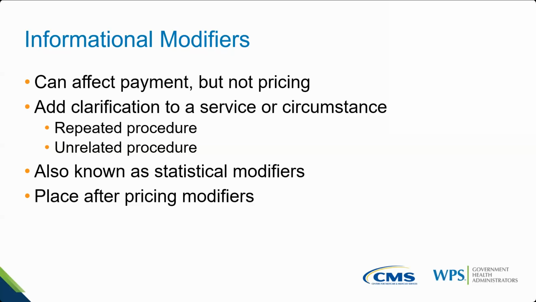And so although no payment is made for the column 2 code in most instances without a modifier, Modifier 59, just in the example that we're giving here, is classified as an informational modifier rather than a payment modifier, even though it can affect payment. So I hope that helps to clarify that for you.